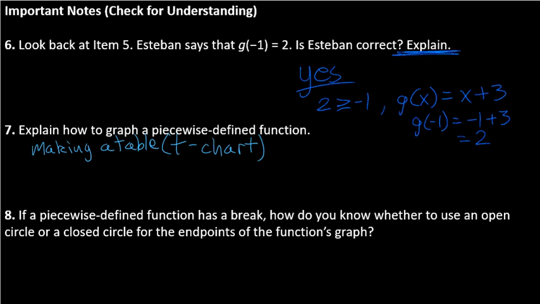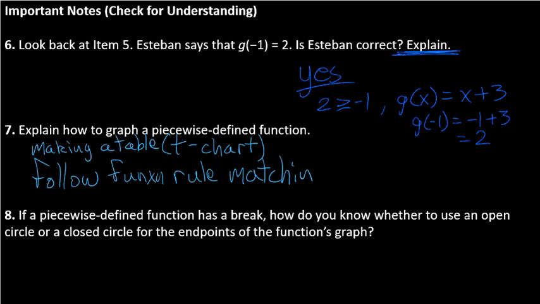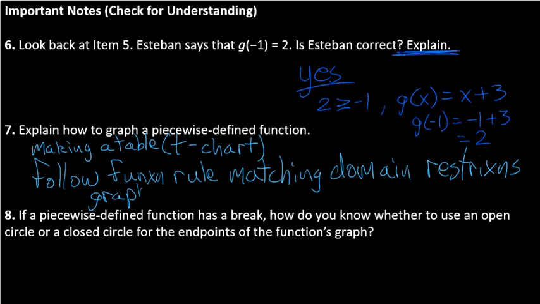And follow the function rule matching your domain restrictions. It's the simplest way to put it. And you just graph according to the table. You just graph your ordered pairs based off of that. So that's our little process.